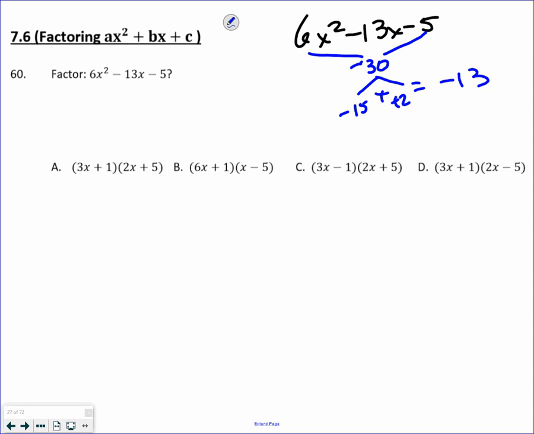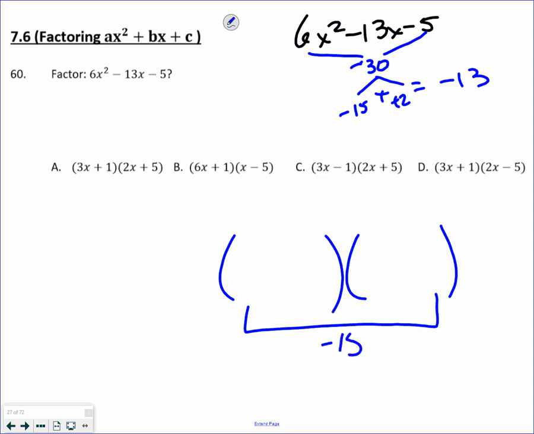Here's where things get a lot different. I need to set the outer as one of those two numbers. So either negative 15 or positive 2. Doesn't matter which one. In fact, I'm going to use negative 15. Using a factor of the first number. So see this 6?